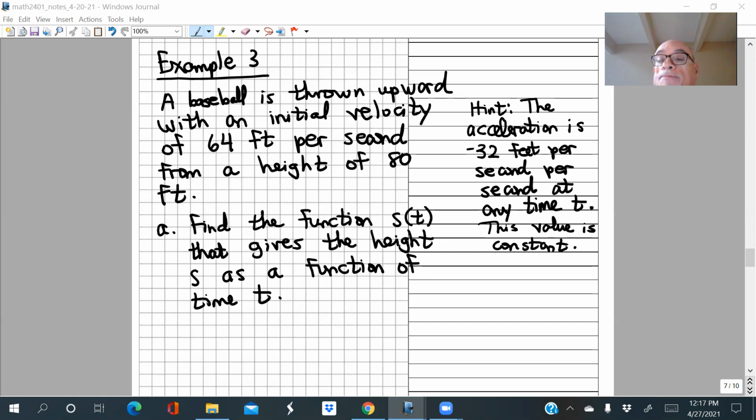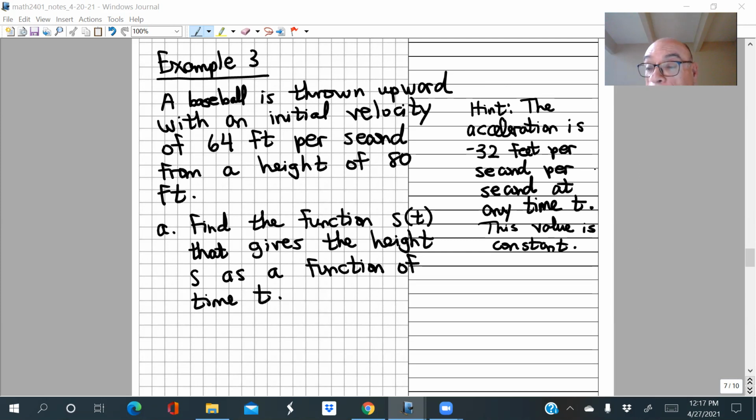So this is something that we know universally, and that is their acceleration, which, remember, is the rate of change of the derivative. It's the second derivative, correct? Okay, so it's the rate of change of the rate of change. We know that acceleration is negative 32 feet per second per second, because this is acceleration at any time. So on Earth, acceleration is constant. It's always minus 32, okay?